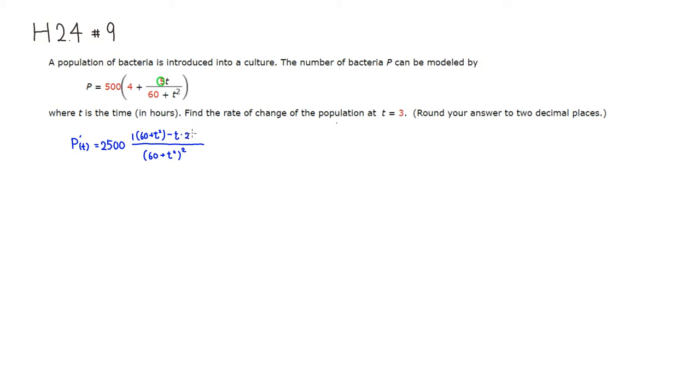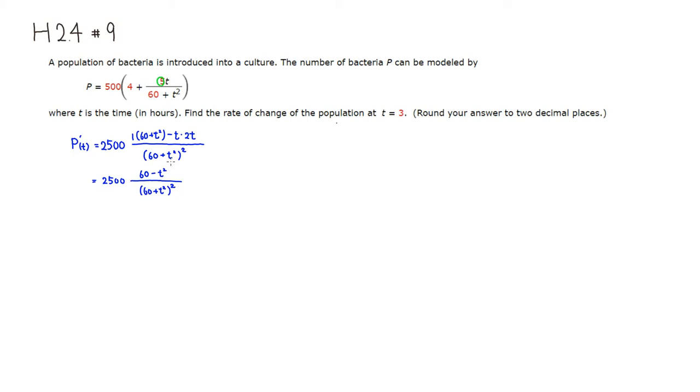So we get 2500, then on top you would have 60 plus t squared minus 2t squared, so minus t squared, over the quantity 60 plus t squared, squared.